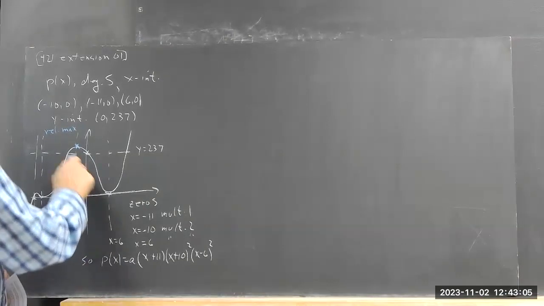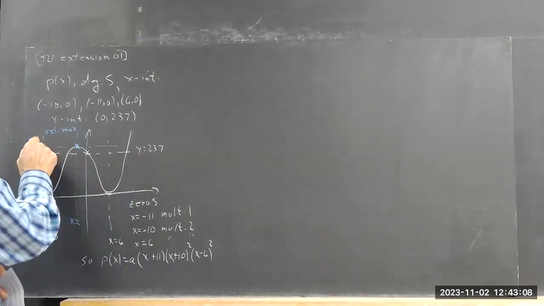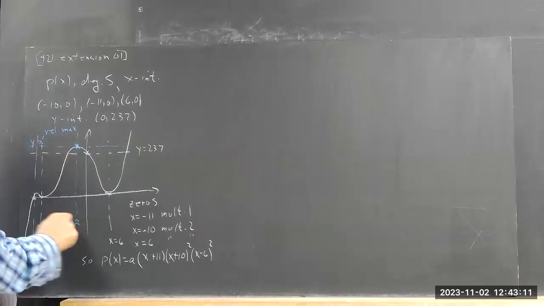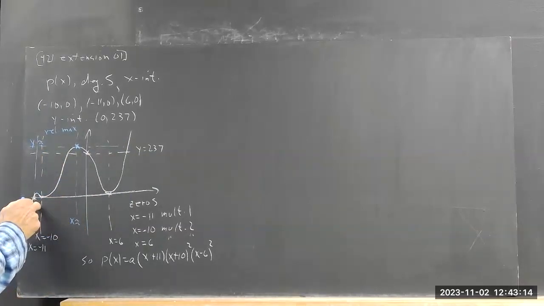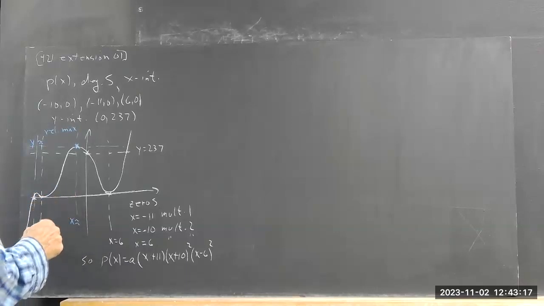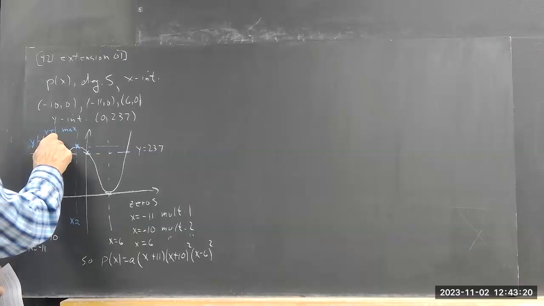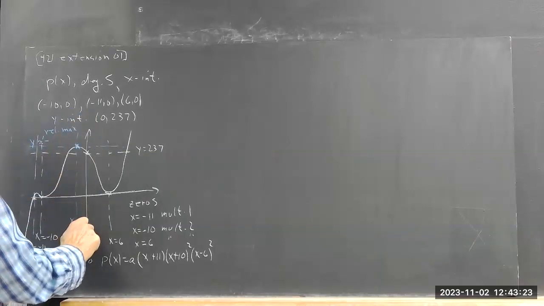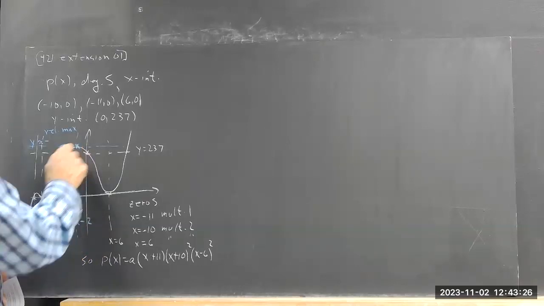Then you want to estimate the coordinates of the relative maximum. You have a relative maximum here and one here. Let's pick this one because it's a little easier for me to label. If this is -10, then -5 would be about here, and I'd say about x equals -2.